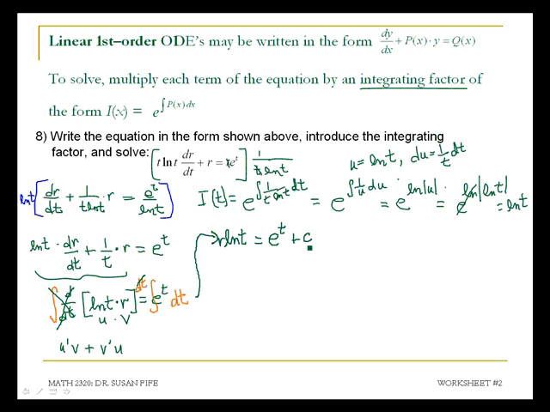Add my constant of integration. And if I can, I want to solve for r, and we can solve for r by dividing by natural log of t. So I have e to the t plus c, all of that divided by natural log of t. And there's my answer.